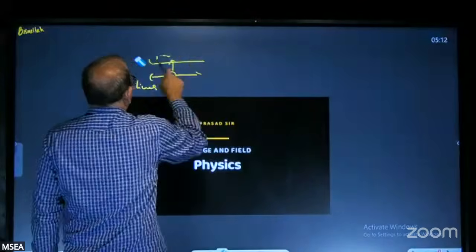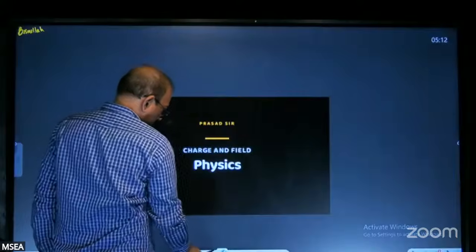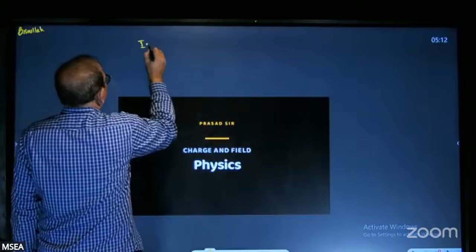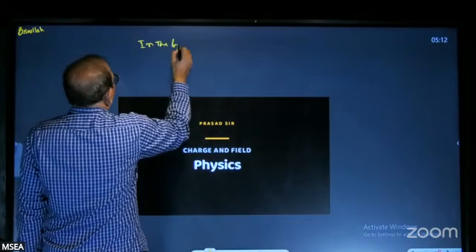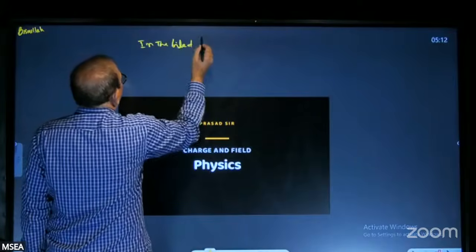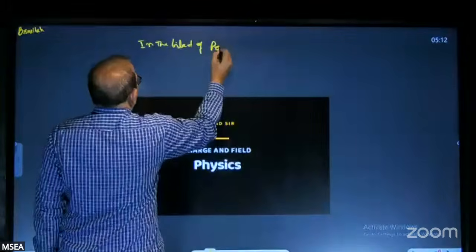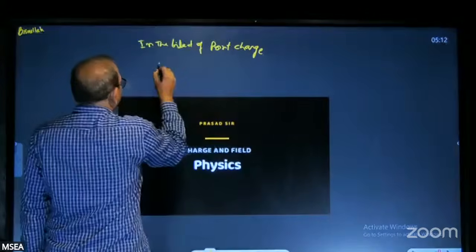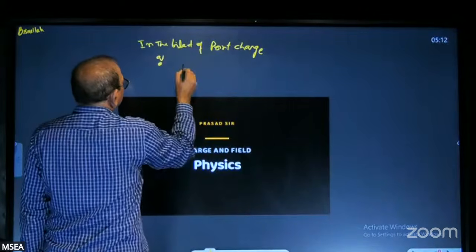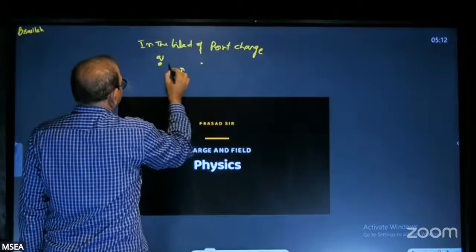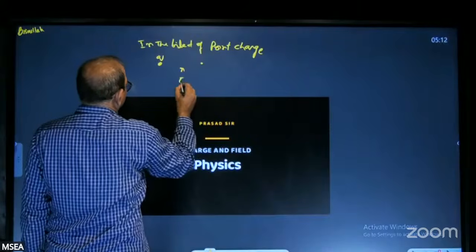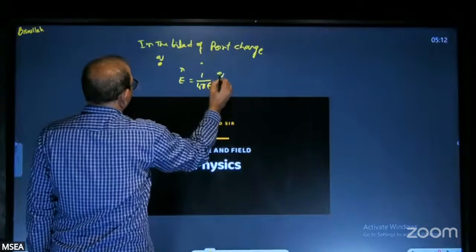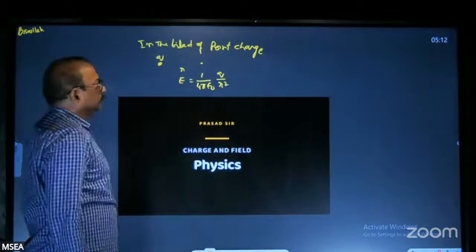Intensity of electric field in different cases, and its relation with distance. Suppose in the field of one point charge, the intensity of electric field at a distance r is 1 by 4 pi epsilon naught Q by r square.